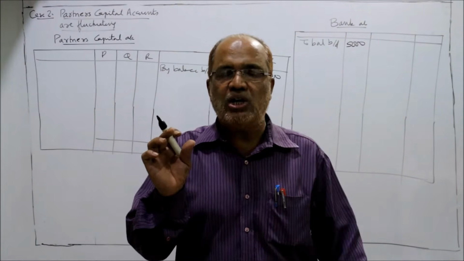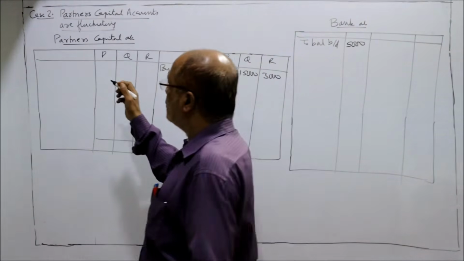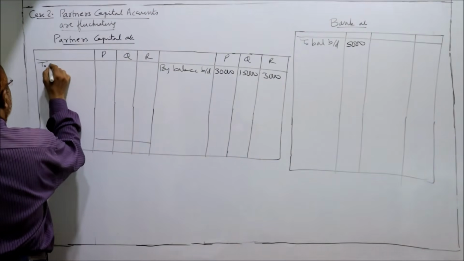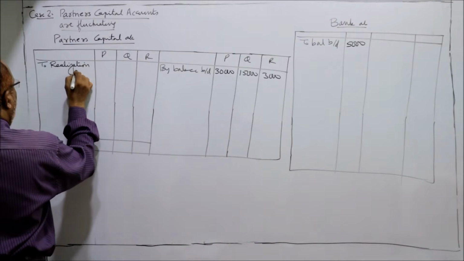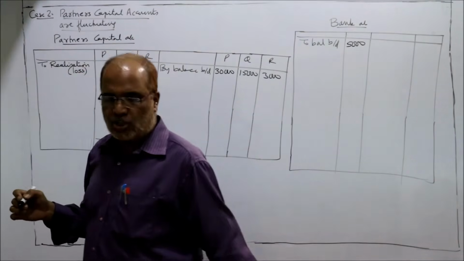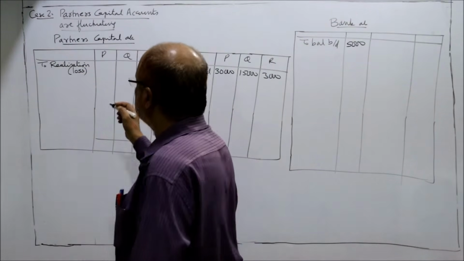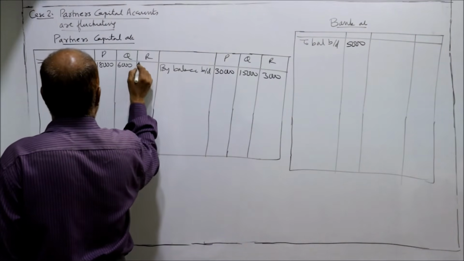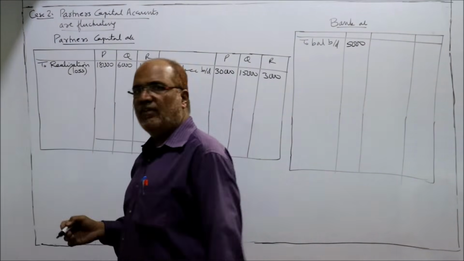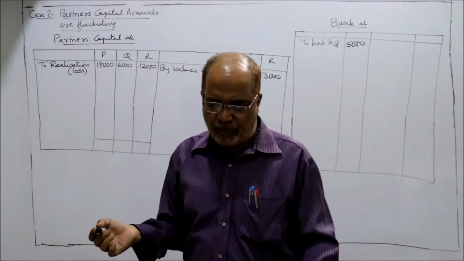When there is a realization loss, it will be debited to capital account. So to realization loss. How much realization loss did each partner get? 18,000, 6,000, 12,000. Already we have prepared the realization account.